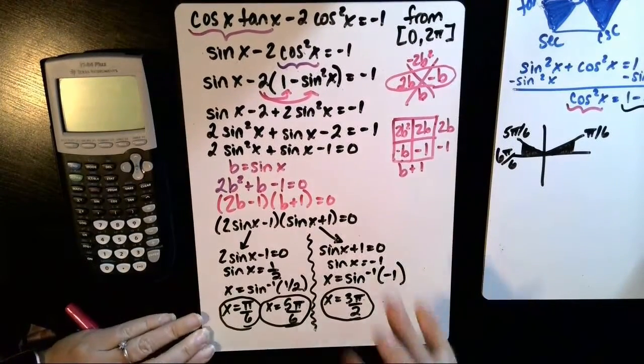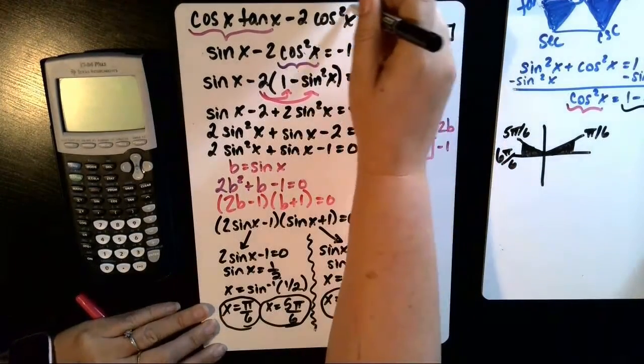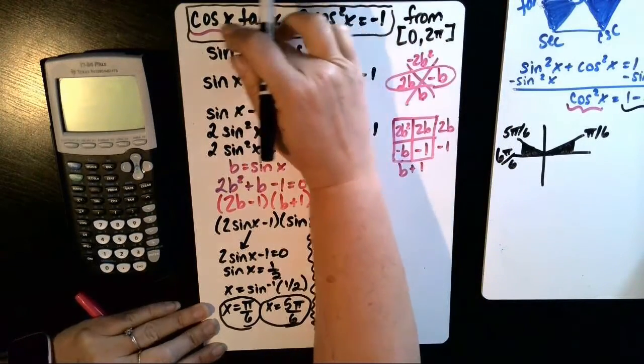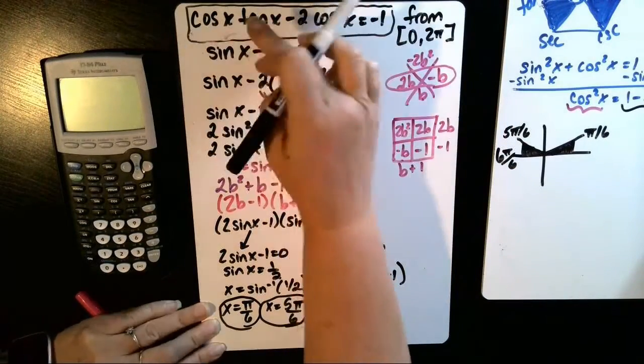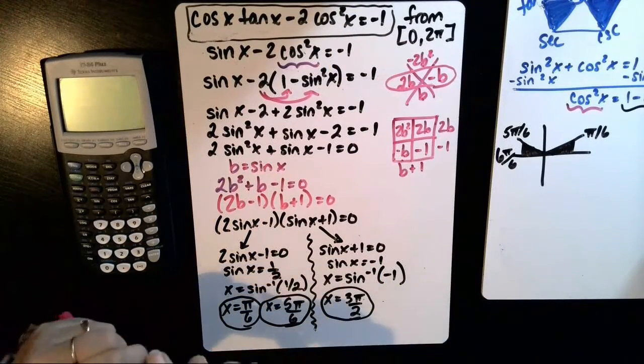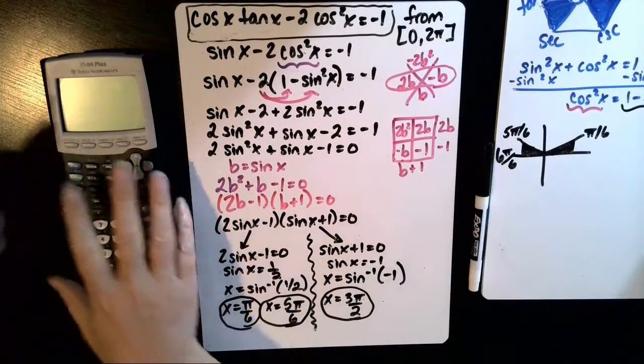So we want to always check our answers in the original equation. So this is what we started with at the beginning: cosine of x times tangent of x minus 2 cosine squared of x equals -1.